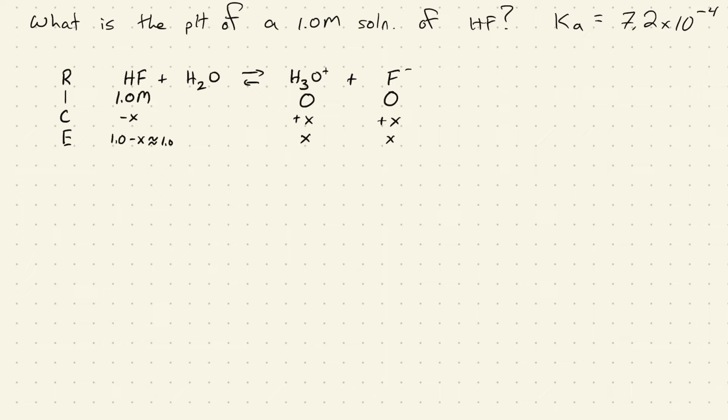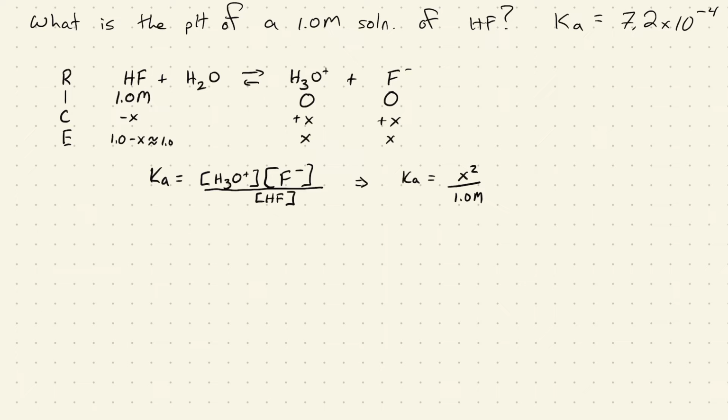So now I can write my equilibrium expression. Notice that I'll omit water because it's a pure liquid. So now we can say that Ka equals X squared over 1.0 molar.